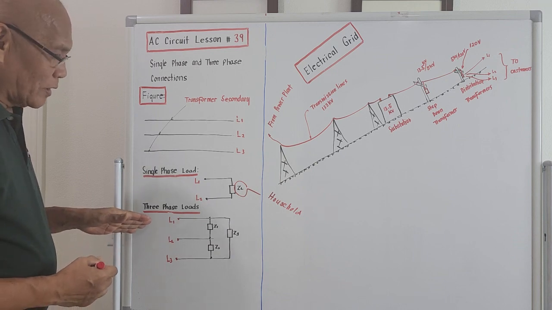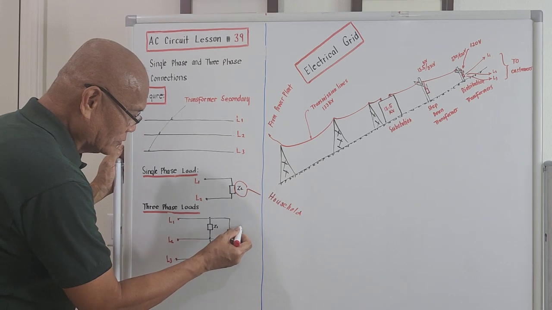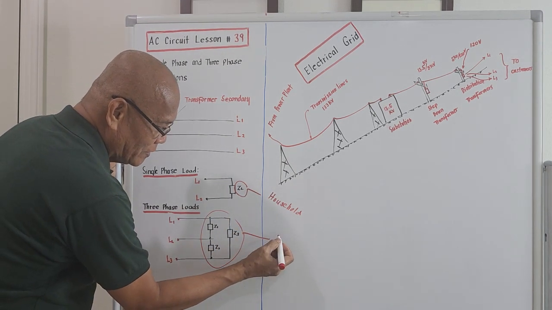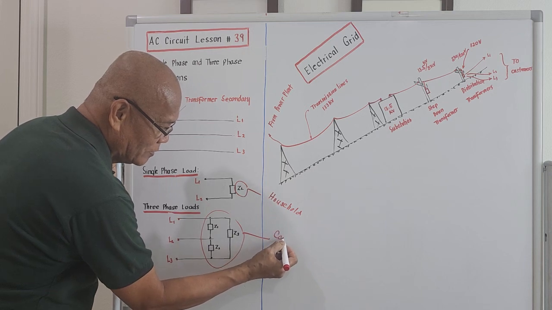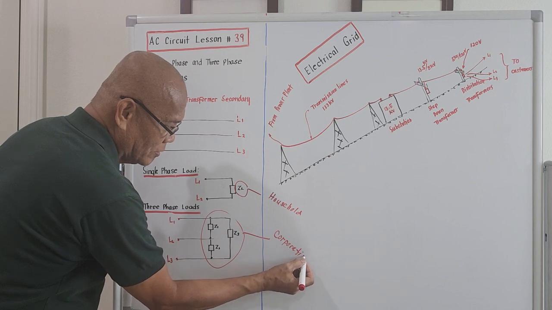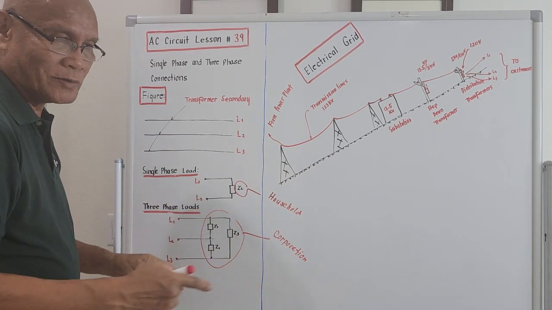Now, for a three-phase load, it could be a big corporation, like Amazon maybe, one location of an Amazon.